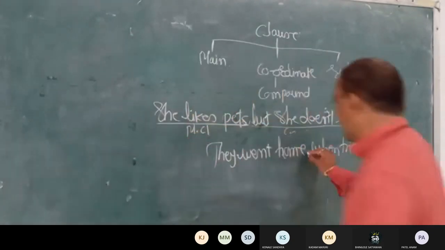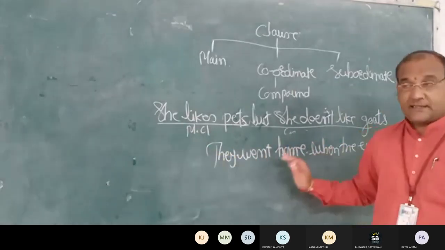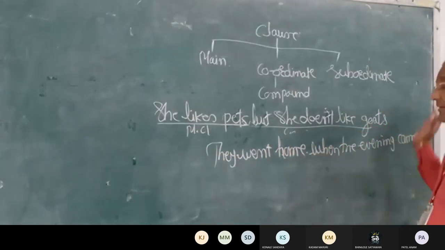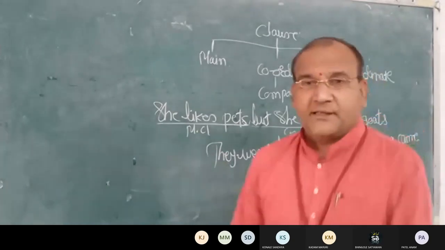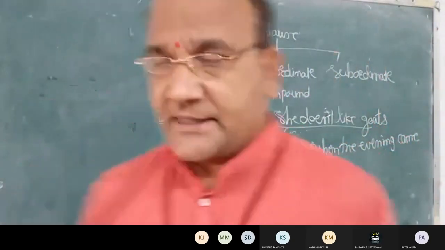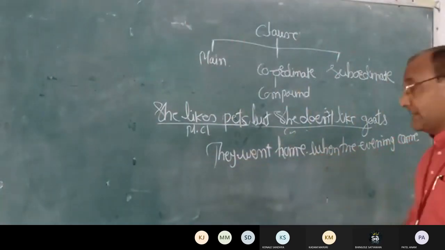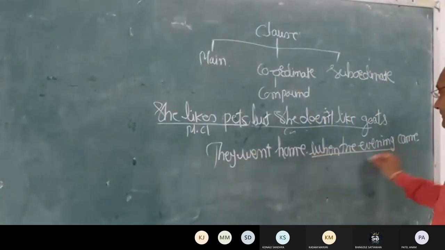If I put a stop here, "They went home" is a complete sentence, but "when the evening came" does not have complete sense. It cannot occur alone. It has to depend on the main clause. That's why it is subordinate.